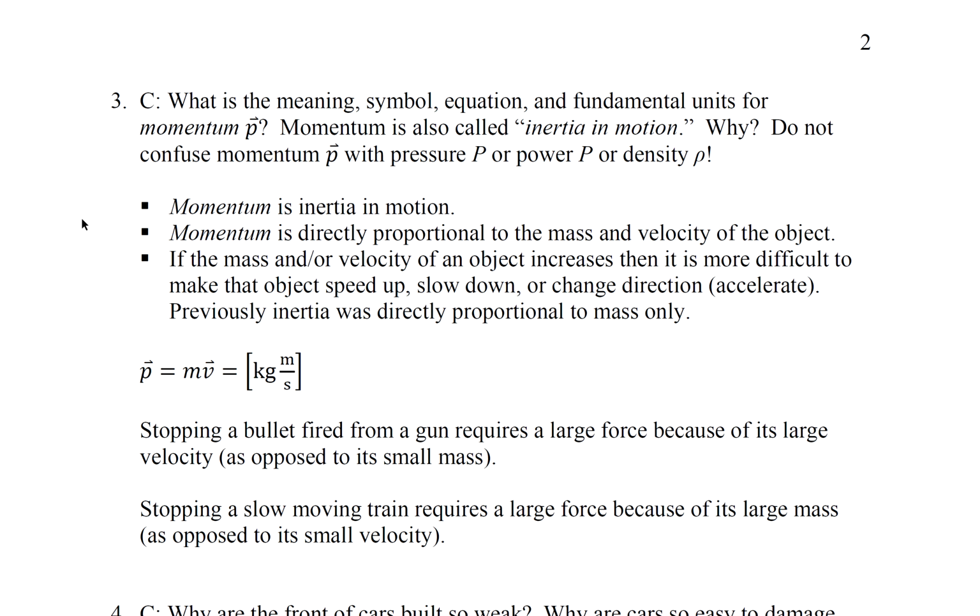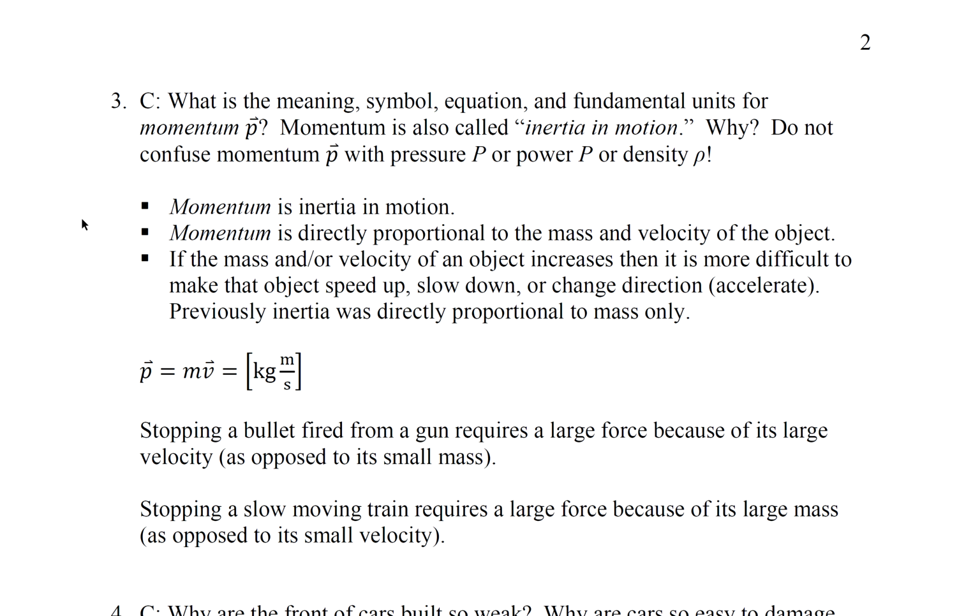Question 3. What is the meaning, symbol, equation, and fundamental units for momentum p? Momentum is also called inertia in motion. Do not confuse momentum p with pressure p or power p or density rho. Momentum is directly proportional to the mass and velocity of the object.